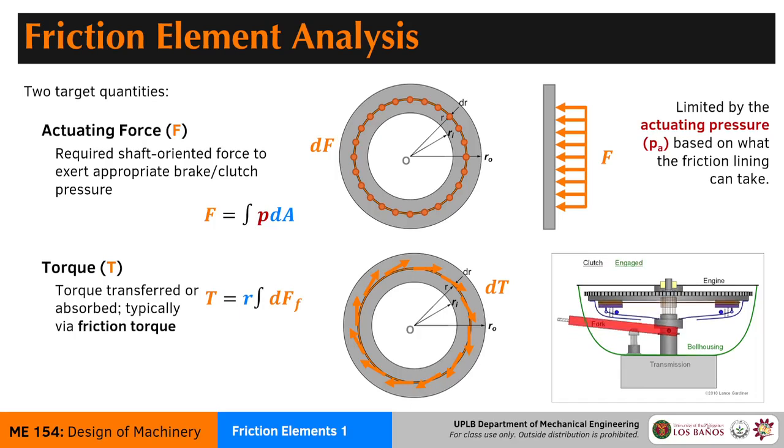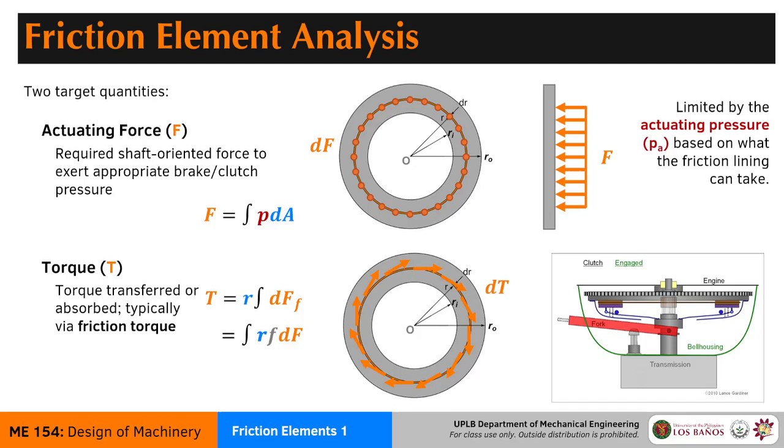All right, let's assume that our braking material can withstand the pressure that our force will be exerting. We can then solve for our torque even further. As you can see here, this is just R times the force. This is the friction force because, as the clutch is spinning, it's dragging along the other surface through friction. This F sub F is just the actuating force multiplied by the friction factor of the surface.